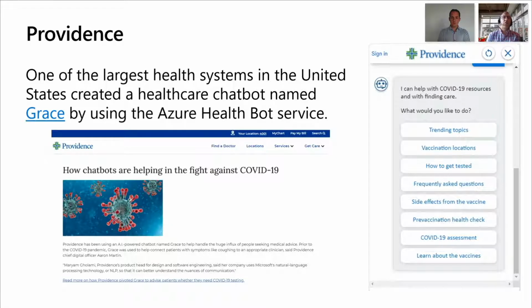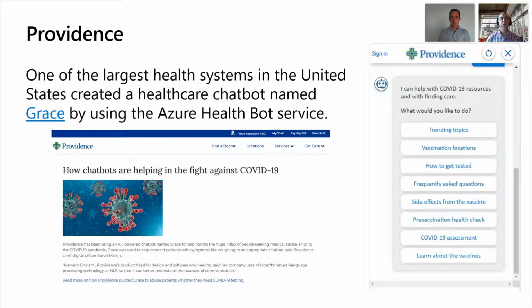Providence is one of the largest health systems in the United States, and actually was the health system that had the first U.S. COVID-19 case. And their health bot named Grace was developed on the Azure Health Bot service.